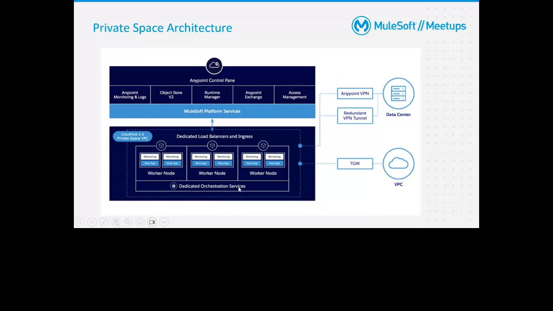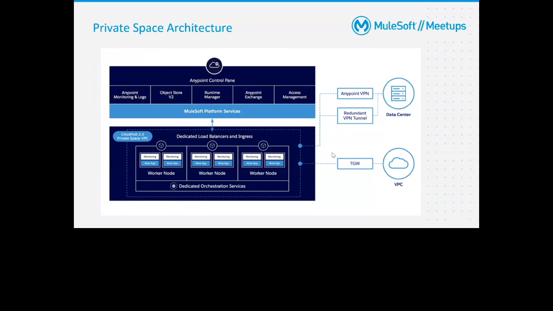Unlike the shared space, which has common services, in private space these three applications can be deployed and all have their own dedicated orchestration services. There is also a concept of how you can connect your private space to a private network or an on-premise application, so we have VPN tunneling and the transit gateway concept here.